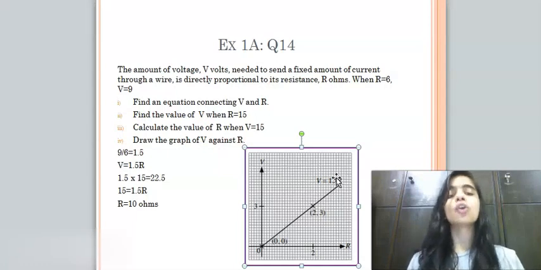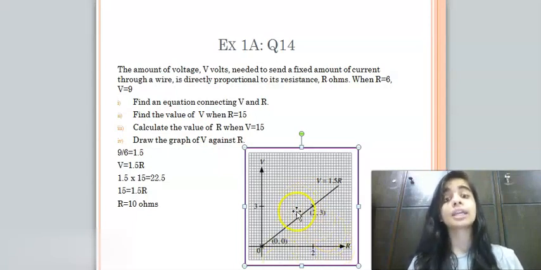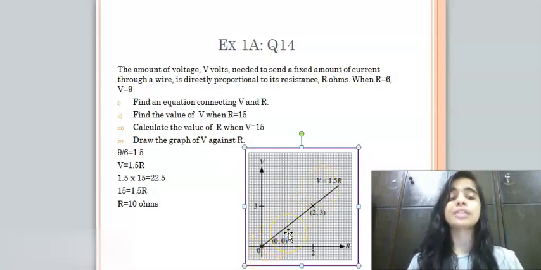Okay? So with the help of these two values, we will plot them and we will join them. We will make a line, and this will be the line for the equation V is equal to 1.5 R. Now, one thing to notice is that, yes, they are directly proportional. Why? Because the line is passing through 0, 0.